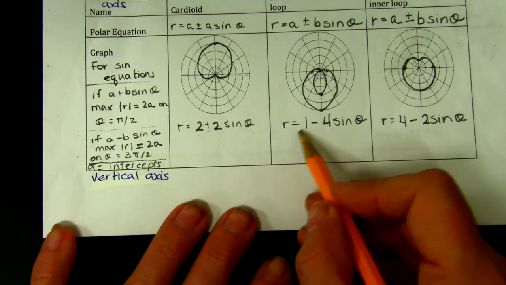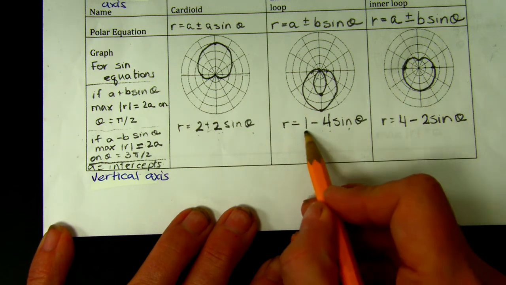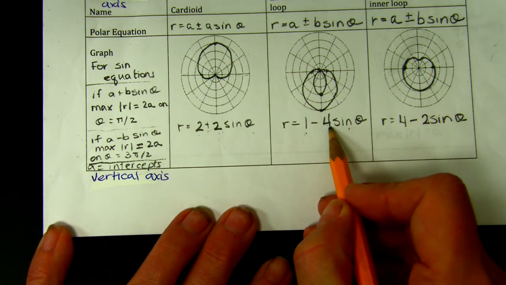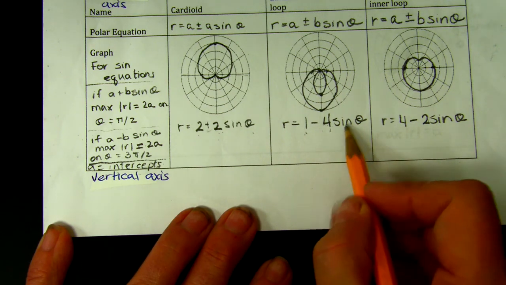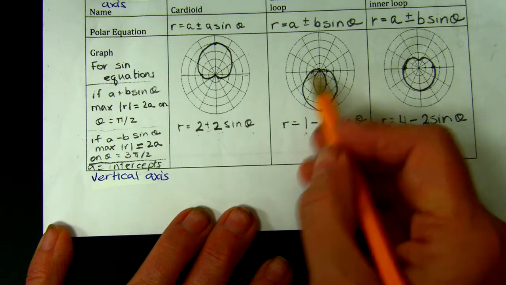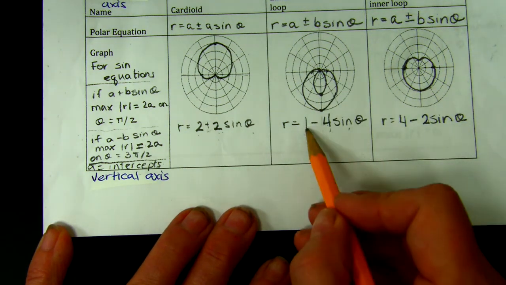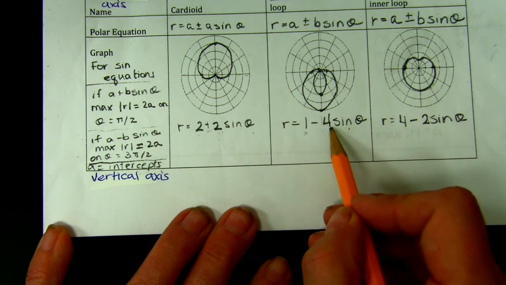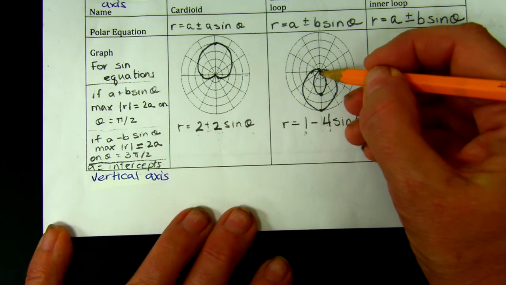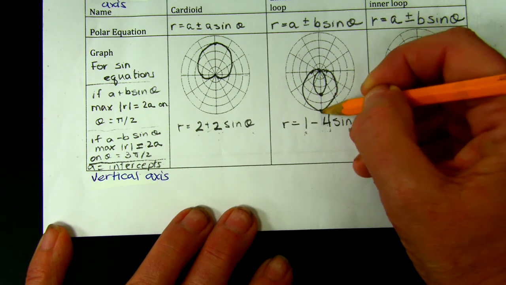If I have r equals 1 minus 4 sine theta, looking at that, I see a is less than b, so it's going to be a limacon with a loop. It's sine, so it's going to be around the vertical axis. It's negative, so it's going to be down here in this negative region. And then I know that a plus b, 1 plus 4, is the maximum radius: 1, 2, 3, 4, 5.